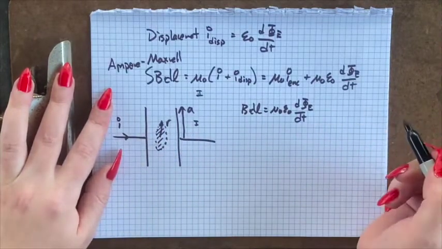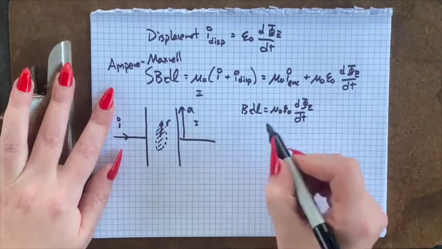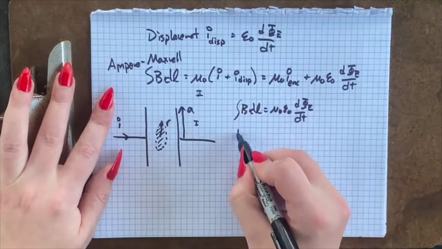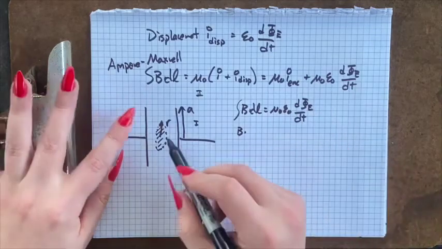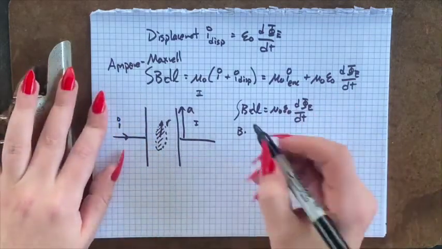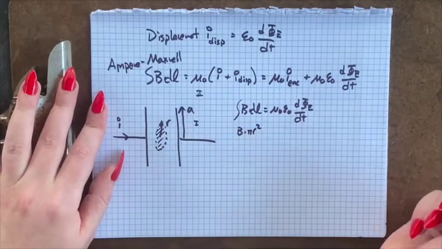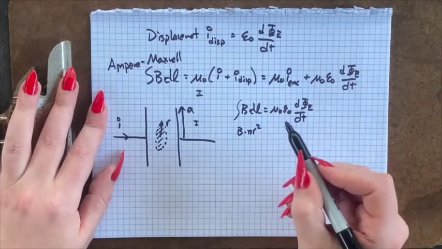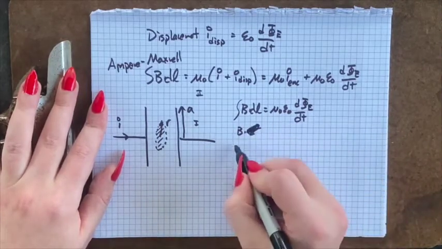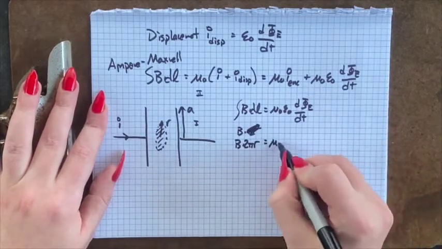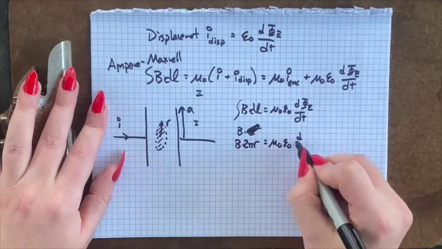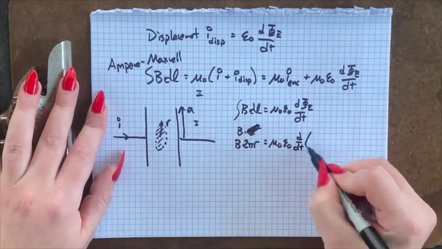So let's assume that they're circular plates, and to explicitly calculate that, looks like we have B times the total area of that enclosed region. So maybe π r squared. Nope, because this is a circulation. B times 2π r equals μ0 ε0 times the rate of change of this.